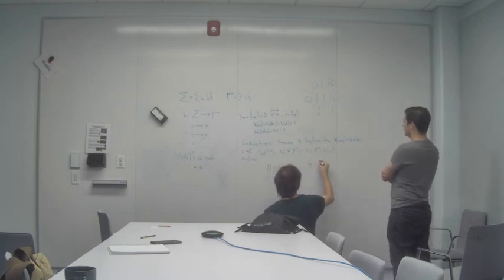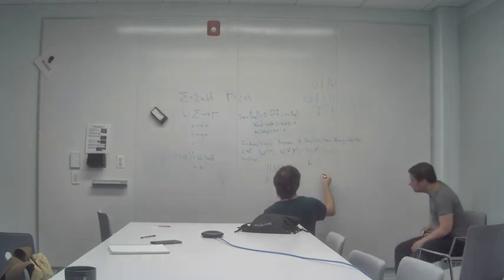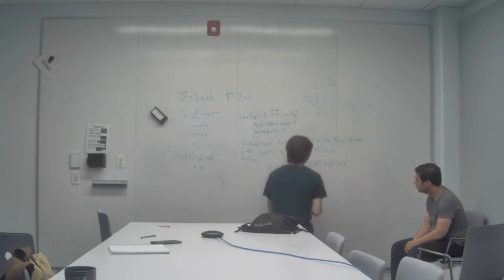But certainly we have that for some x double prime and y double prime, we have this, right? Because this is a homomorphism. Is this how we want to go about it? I don't know if this gets you to the n plus 1 case.